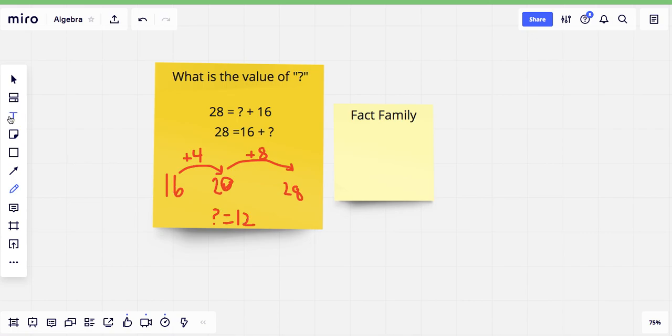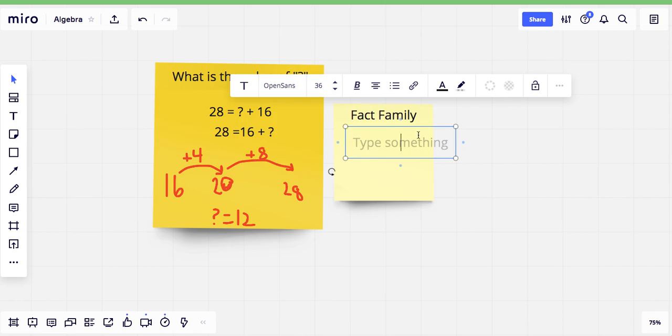Now, just to show you that as a fact family, because I always want to come back to these fact families. They're going to be so important to help you understand so much of our math. We have 28 equals question mark plus 16. And we have 28 equals 16 plus question mark.